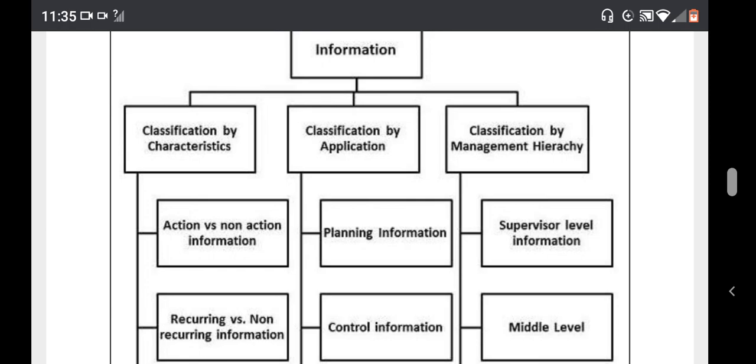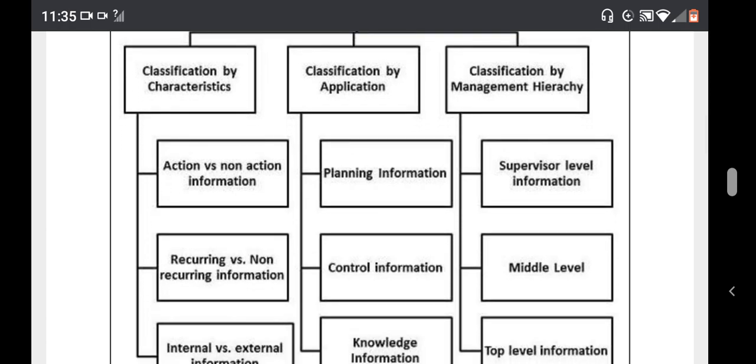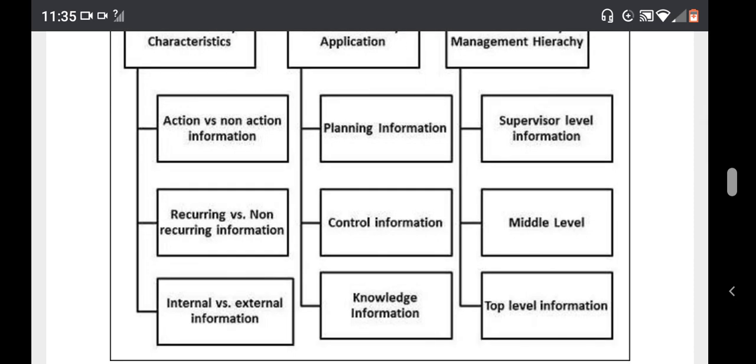The first one is classification by characteristics, classification by application, classification by management hierarchy. Under classification by characteristics, we have fiction versus nonfiction information, recurring versus non-recurring information, internal versus external information.